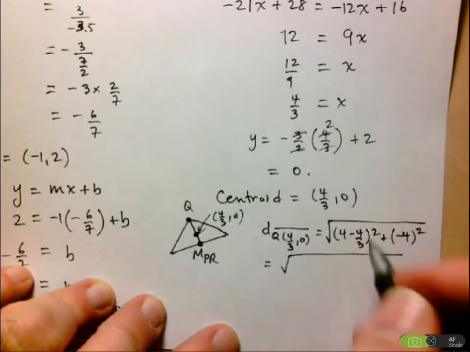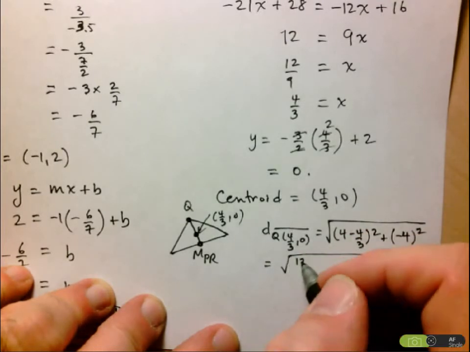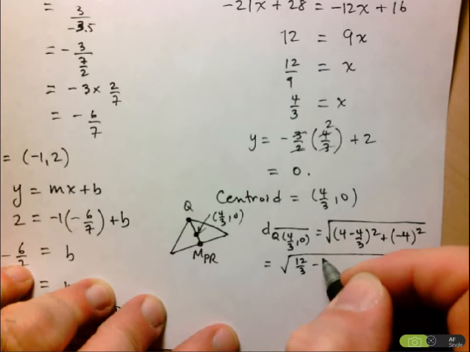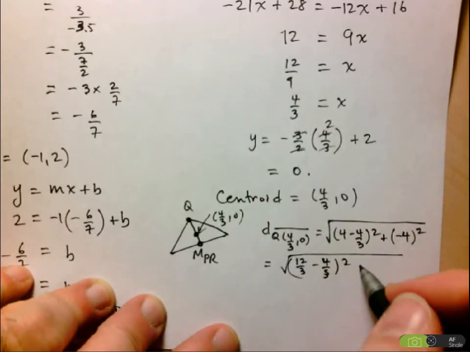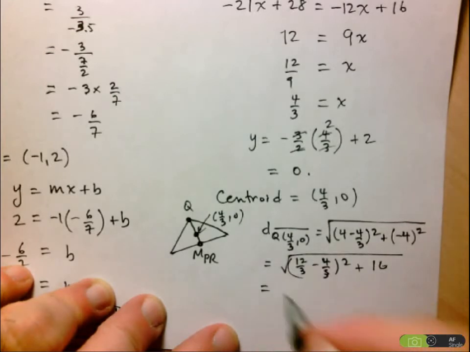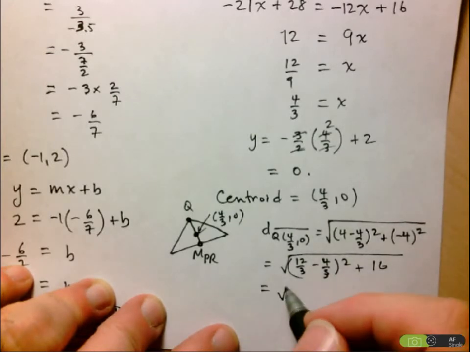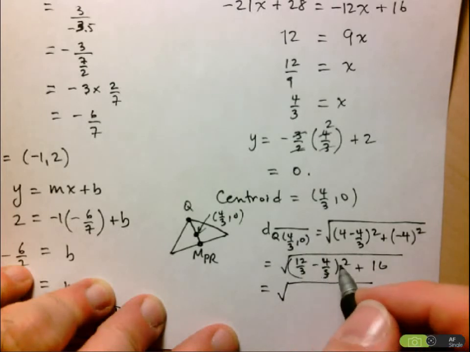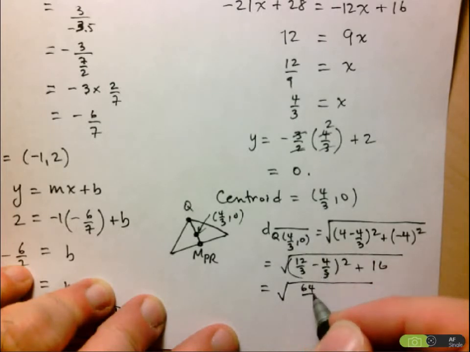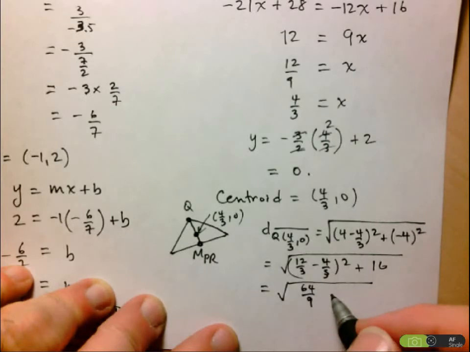So let's clean this up here. We've got 4 times 3, so we got 12/3 minus 4/3 squared plus 16. So 12 minus 4 is 8, so 8/3 squared, so 64/9. And then here we'll just write 16 as some number over 9.